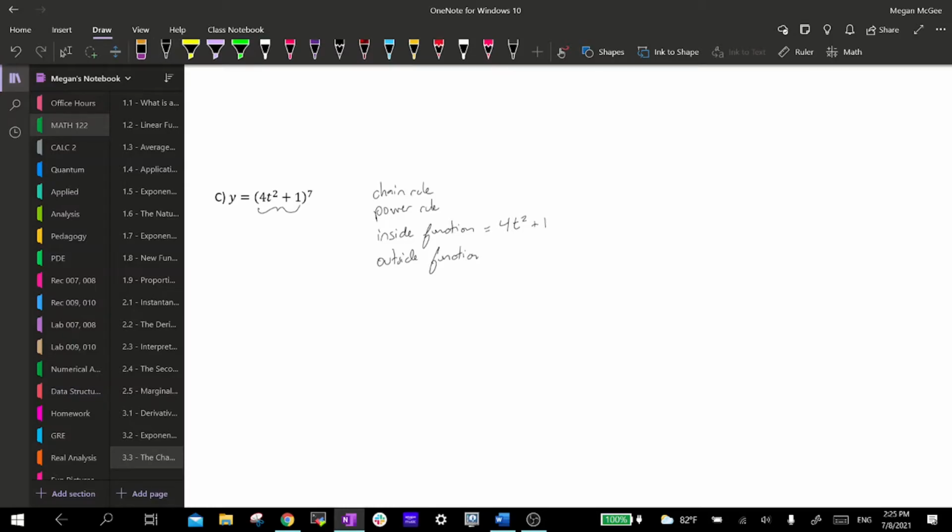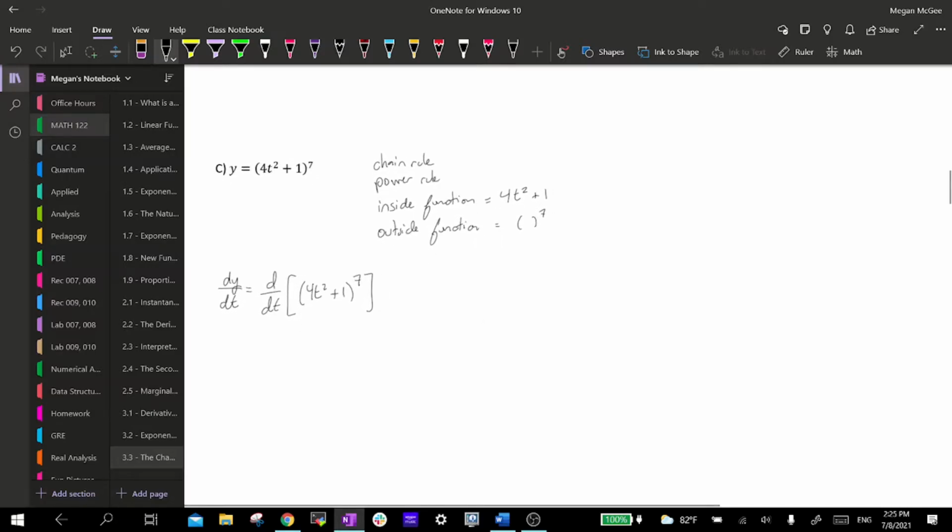And our outside function, well, what are we doing to the inside function? We're raising it to the 7th. Alright, so this is our something raised to the 7th, right? Okay, so if we want dy dt, that's our derivative with respect to t of our 4t squared plus 1 raised to the 7th.